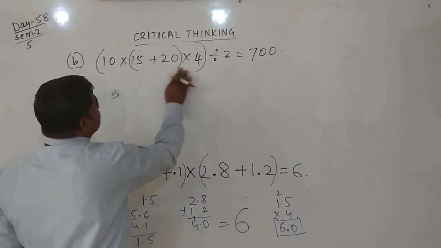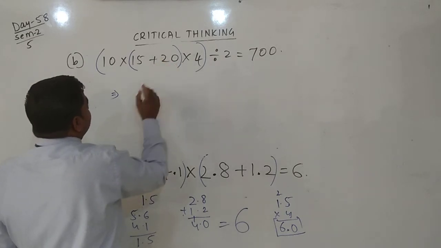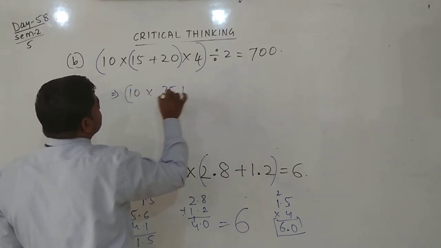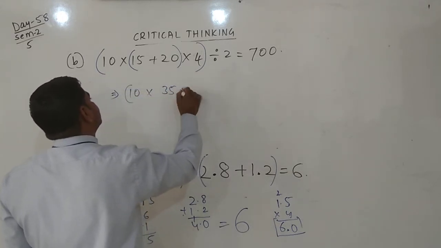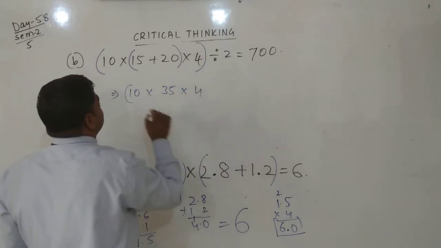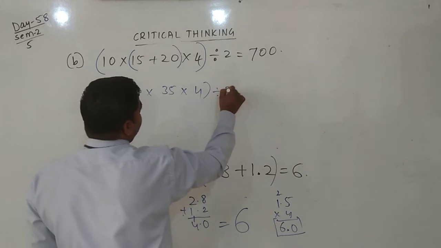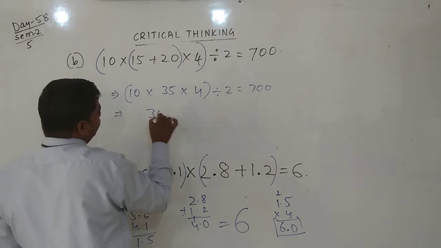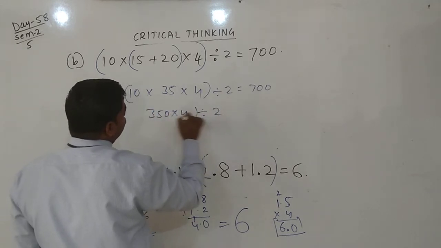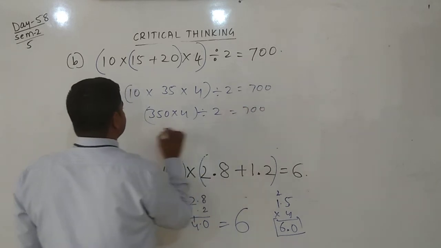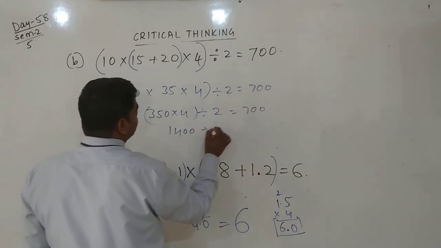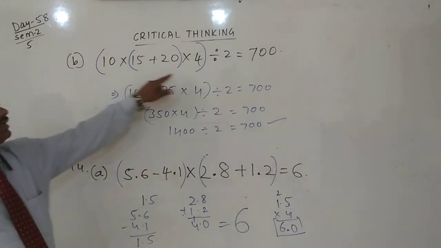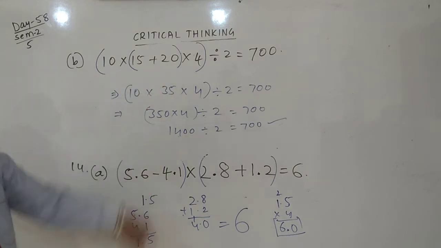First inside the bracket, according to BODMAS: 10 into 35, into 4 divided by 2, it is 700 only. 1400 by 2 is 700. Correct? Then the brackets will be here and there. It's very simple. Next one.